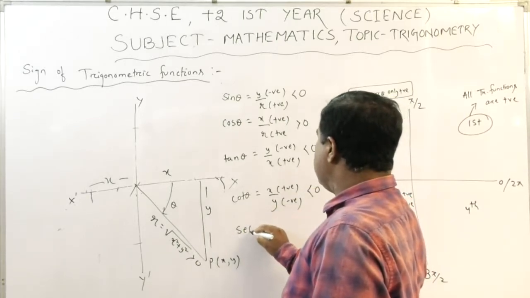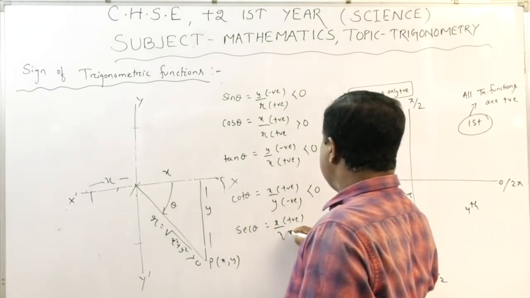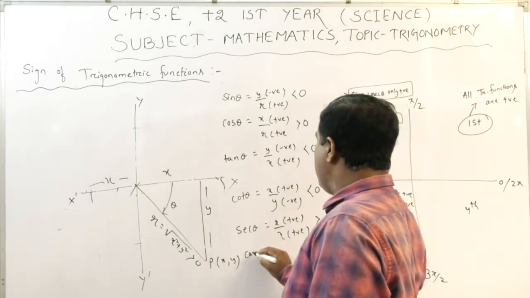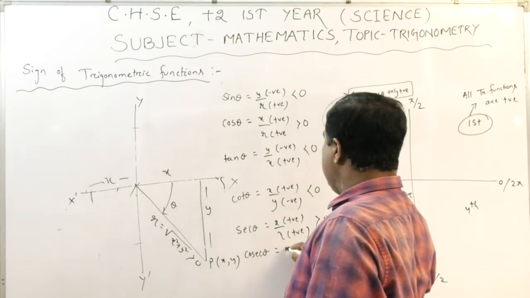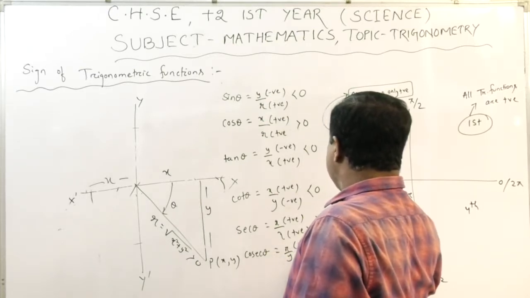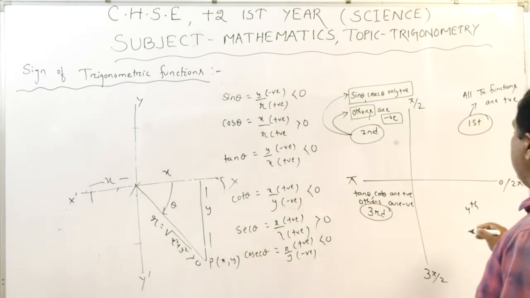What is sec theta? Sec theta is r upon x. It is positive and positive, so it is greater than 0. And what about cosec theta? It is r upon y. It is positive and negative, so it is less than 0. So what is the conclusion in the fourth quadrant?